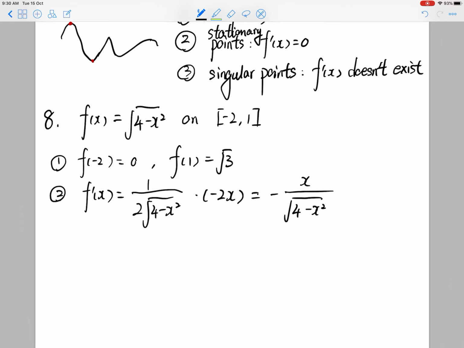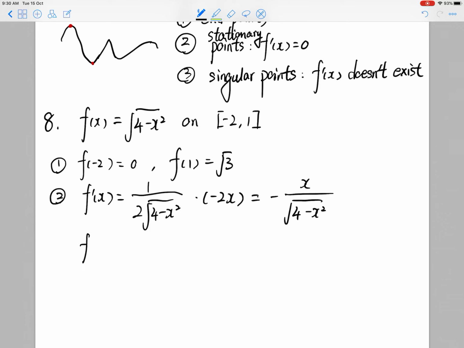Yes, right? A stationary point is when the derivative equals 0. This equals 0 means the numerator equals 0, which means x is 0. So this is your stationary point.